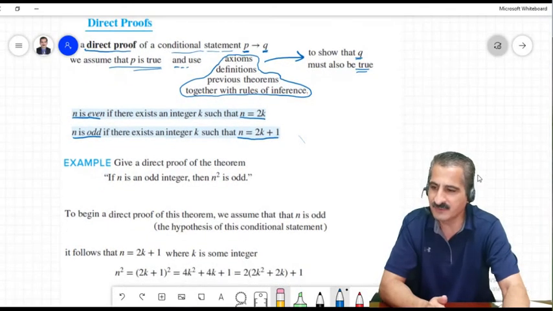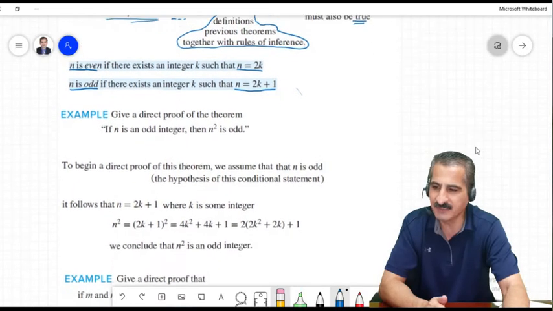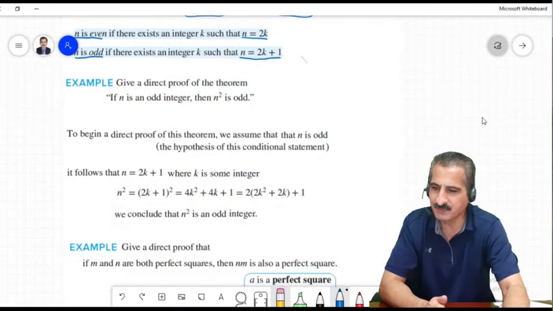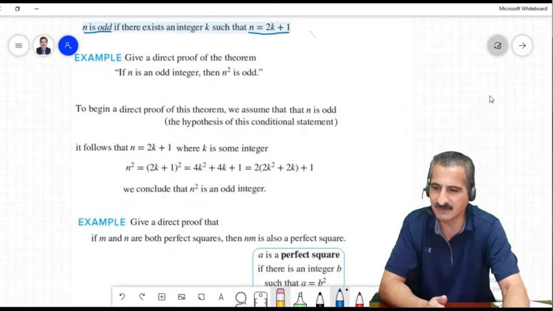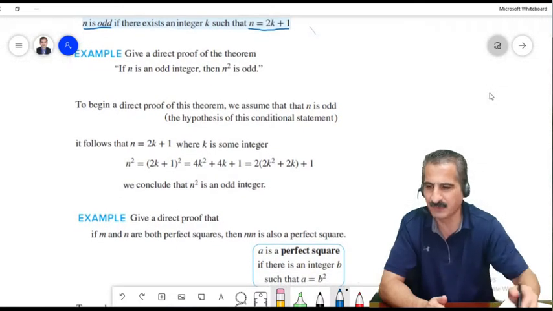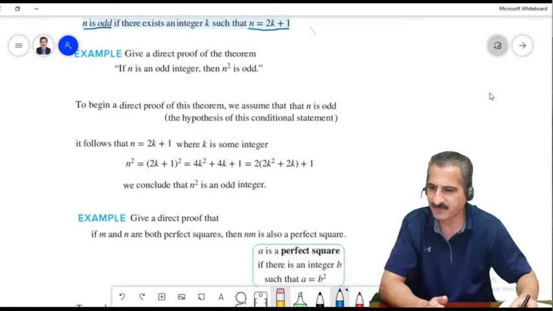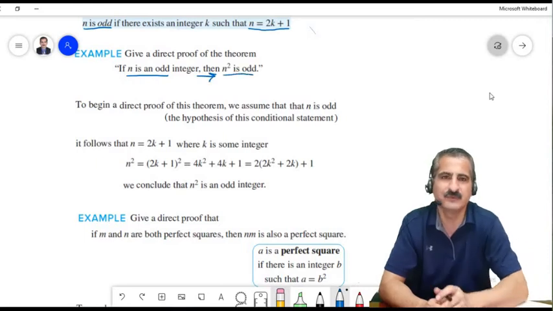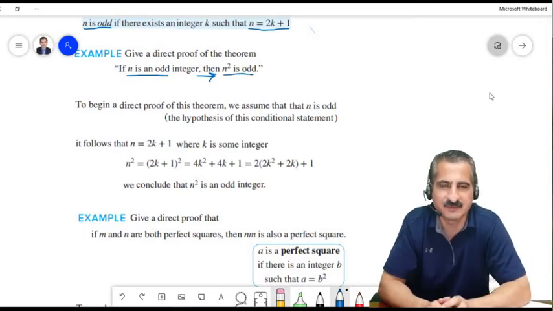So to see an example of what we mean by direct proof, let us prove the following theorem, which says that if n is an odd integer, then n square is odd. We want to prove that simple statement, and we will use direct proof.